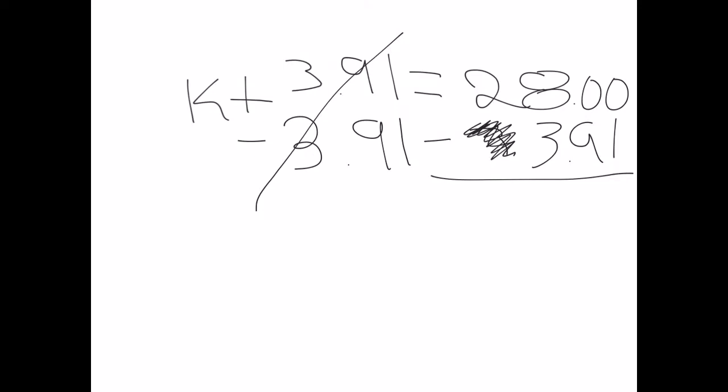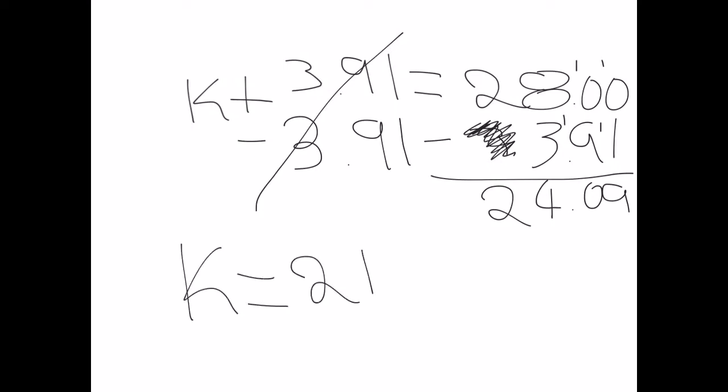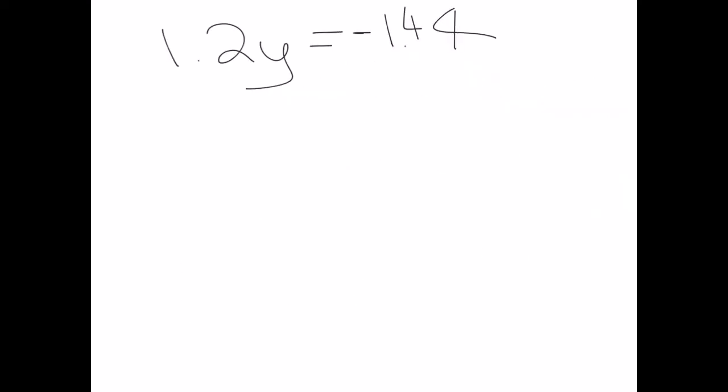And it equals 1 minus 10 is 9, and 9 becomes 10, and 10 minus 10 is 0, 4 minus 8 is 4, and then 2. So K equals 24.09.